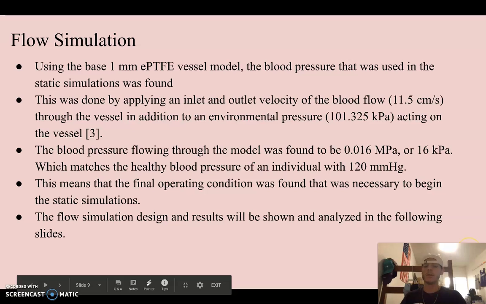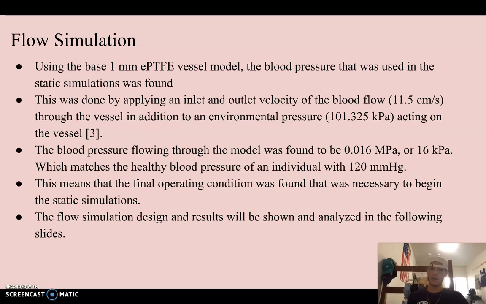So for the flow simulation, the base model of the 1 millimeter expanded polytetrafluoroethylene model was used to find the blood pressure to operate in the static simulations. This was done by applying the inlet and outlet velocities found during research of 11.5 centimeters per second, as well as the environmental pressure of 101.3 kPa acting on the vessel.